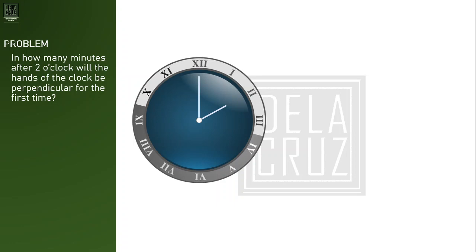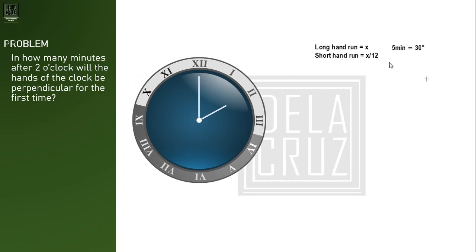Okay. So before we start, we need to know these basics for clock problems. Ito yung basics natin sa ating clock problems. Ang kadalasan, yung long hand run natin, we denote that one as x. Ito yung mga nakikita natin sa mga reviewer books. And the short hand run is 1/12 of the long hand run.